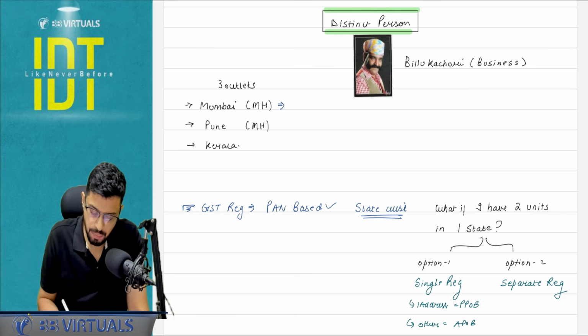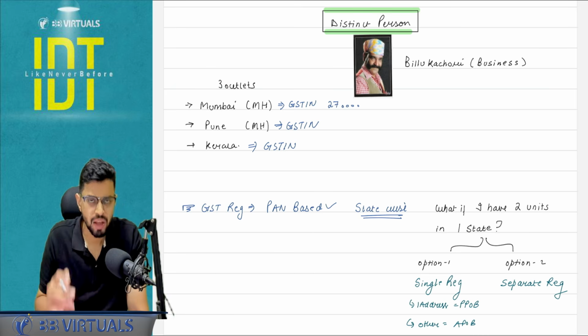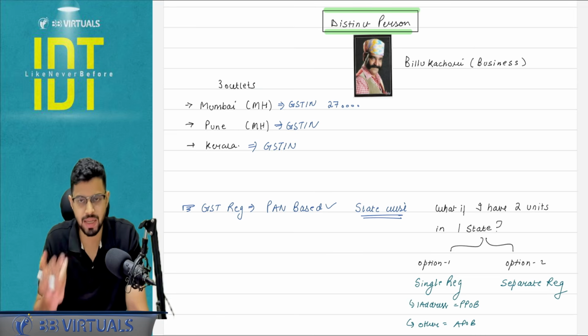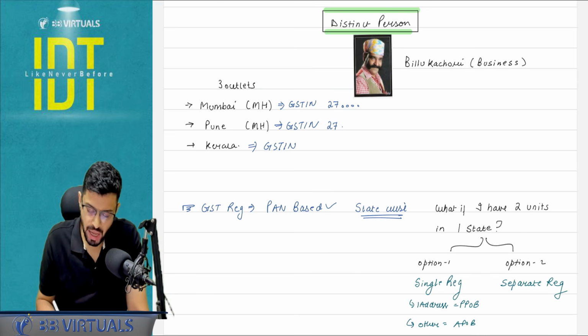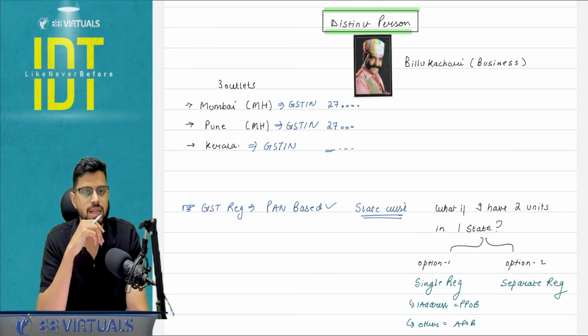So this has a separate GSTIN. GSTIN is the GST number basically. This has a separate GSTIN and this has a separate GSTIN. Like in Maharashtra, it starts with state code 27. We will see how a GSTIN looks like, and how a certificate looks like. Kerala, I will have to see what the state code is, but whatever it is, a separate GSTIN is obtained.